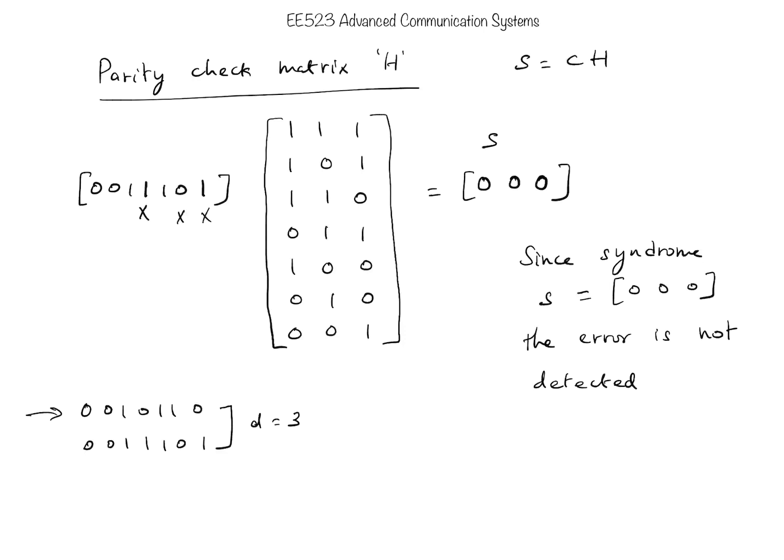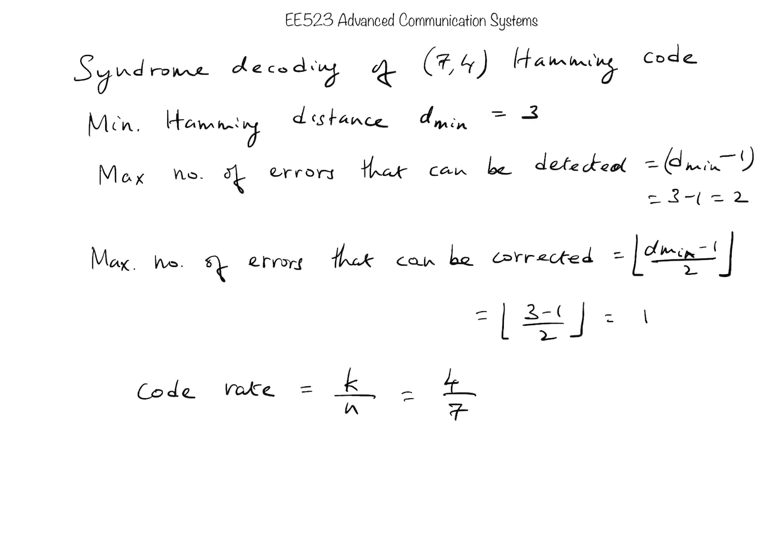one code word that you transmitted has got changed into another valid code word from the list of code words that we generated. So the decoder fails to detect the error, and the reason is that the minimum Hamming distance tells us that it can detect a maximum of 2 errors with guarantee.